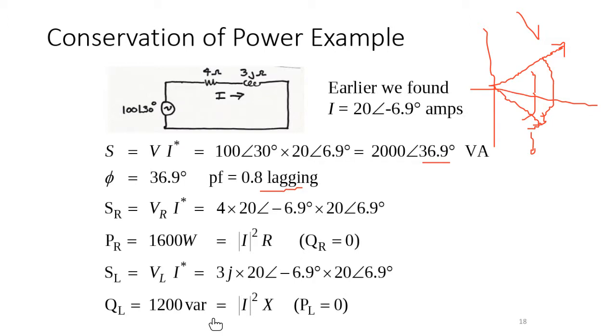If you just write 1200 watt, is it megawatt, kilowatt, kilovar, megavar, or watt? So you need to write the units. This is var. It's not kilovar. It's not megavar. It's not kilowatt. Same thing for here, 1600. So please make sure that you write the units, because these are easy things that you will do.